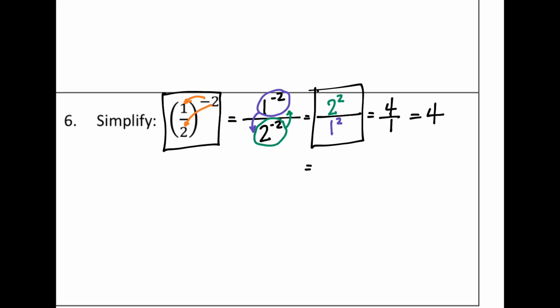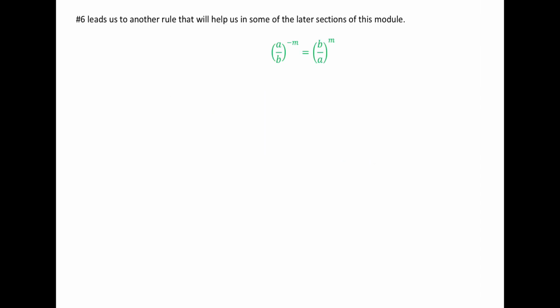What this one really is is 2 over 1 squared. Because if I took this and went like that, I would get this. Okay, so basically, you take the 1 over 2 and you flip it to 2 over 1 and change the sign of the exponent. Okay, now let's go back to that other page.